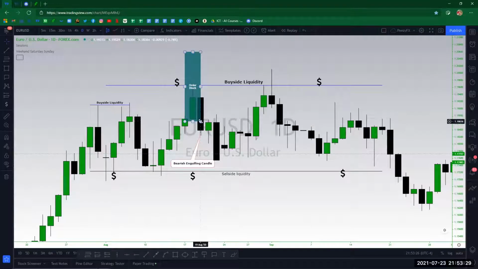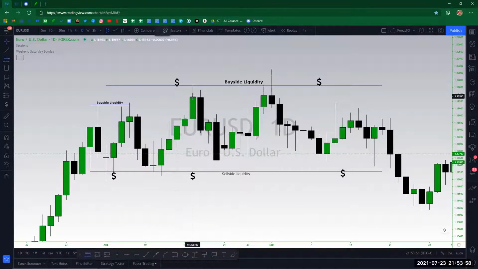Now, what you want to anticipate after that is a retest. And you want to anticipate price coming up into this candle here. Also rebalancing and redelivering price up into this down day here.